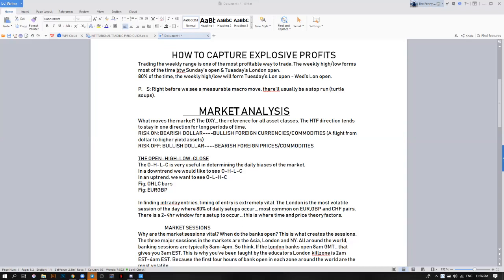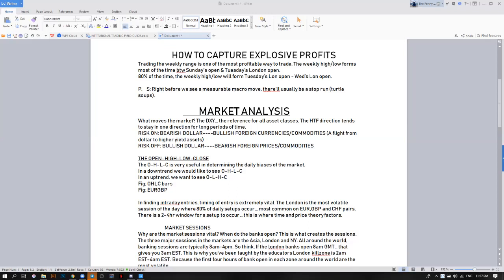For many of you who don't know what the DXY is, the DXY is the dollar index. This single index controls everything in the marketplace. Every single currency pair, every single asset class is influenced by the DXY.